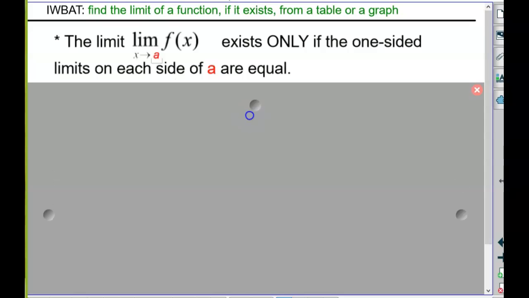But when does a limit exist? Here's the notation: a limit exists only if the one-sided limits on each side are equal. Another way to say that, does the left-hand side equal the right-hand side? If the left-hand limit equals the right-hand limit, and they're approaching the same output, then that limit exists.